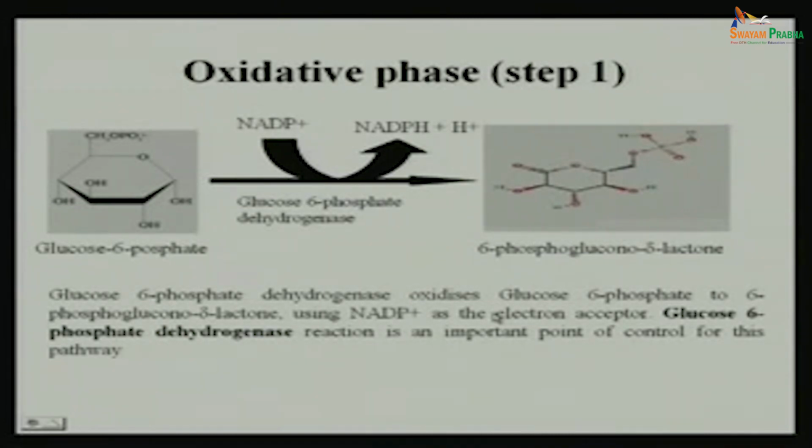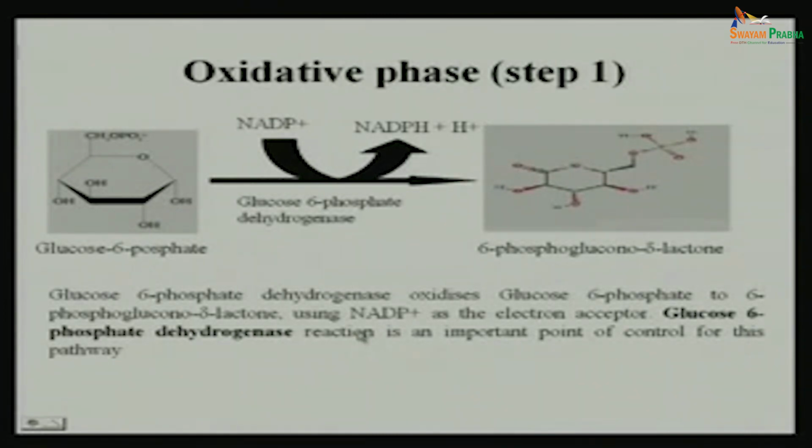Coming to the first step of the pentose phosphate pathway. As we have already seen, glucose is converted to glucose 6-phosphate. Glucose 6-phosphate, in the presence of the enzyme glucose 6-phosphate dehydrogenase, produces 6-phosphogluconate delta lactone.